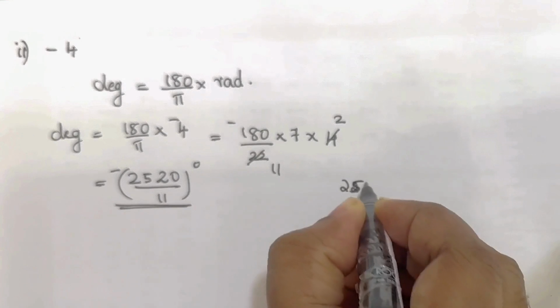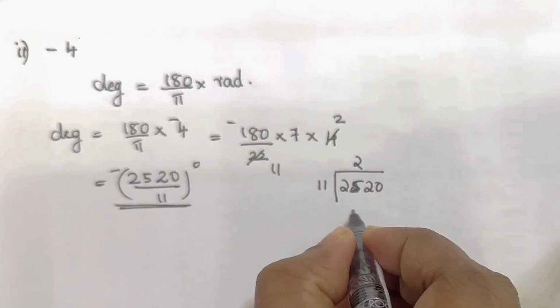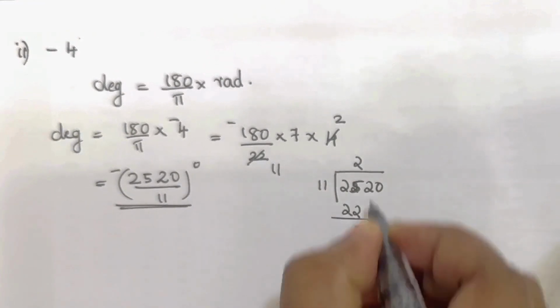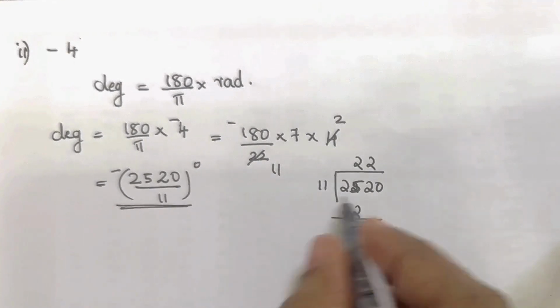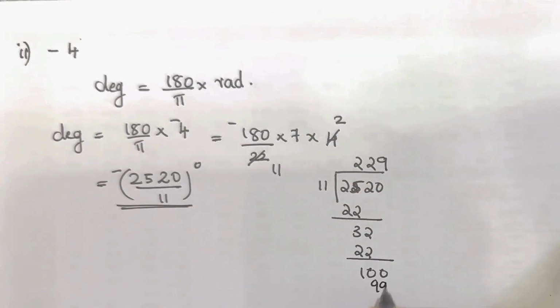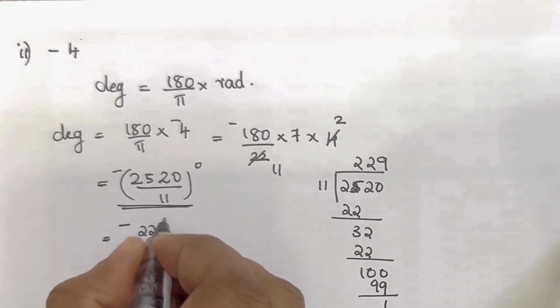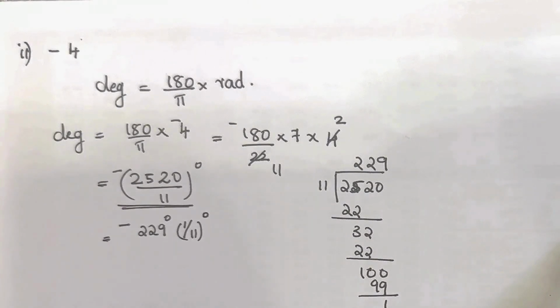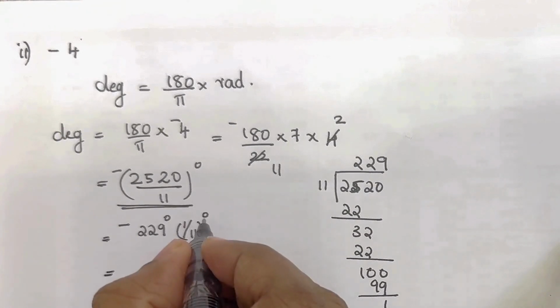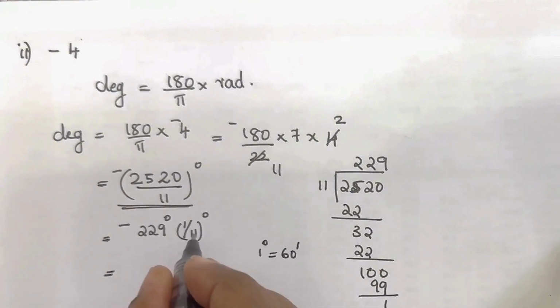Now divide 2520 by 11. 2 times 22, then 3, 32, again 2 times 22, 0, 1, 0, 100. 9 times, 99, remainder is 1. So we can write this as negative of 229 degree and 1 by 11 degree. Now 1 by 11 degree is a fraction, so again we convert this degree to minutes. 1 degree is equal to 60 minutes.